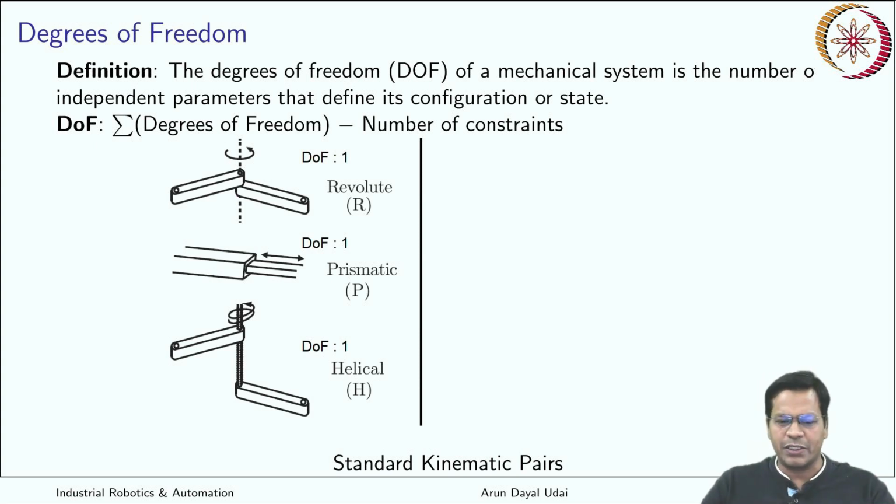So yes, total 6 independent degrees of freedom it has. In a space, as many constraints as we put, the remaining degrees of freedom is the degrees of freedom of that object.